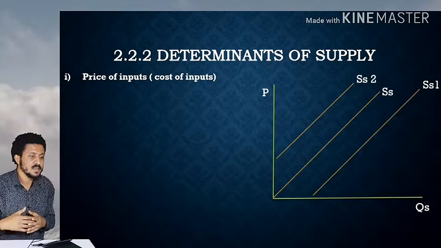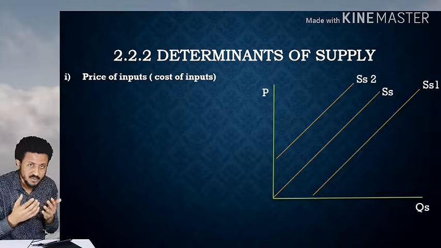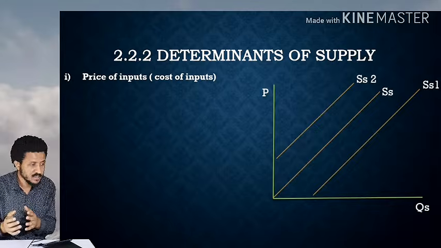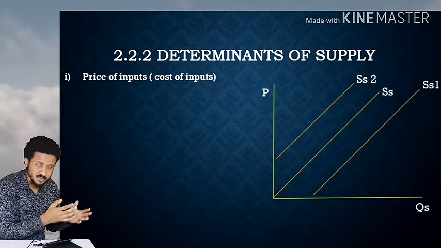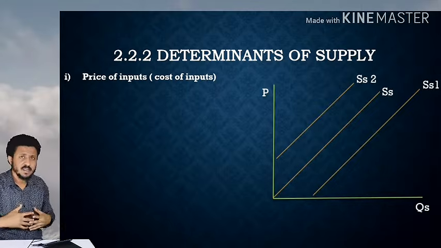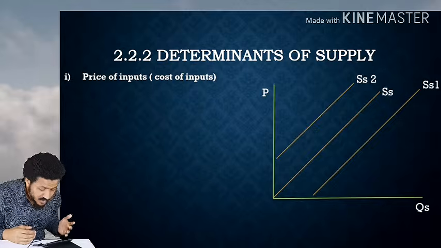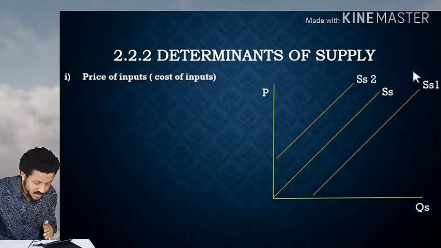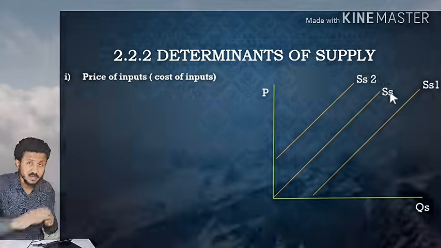Using these more inputs you are going to produce more output ማለት ነው, so it means supply will increase. Increase ከተባለ ደግሞ shifting to the right ከኤስኤስ ወደዚህ ይሄዳል ማለት ነው ከርቭ.